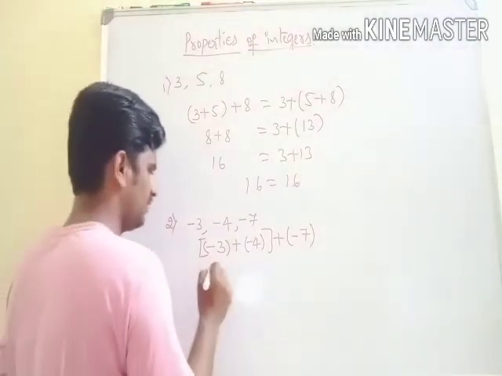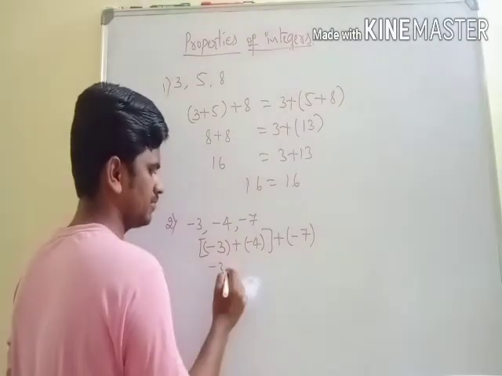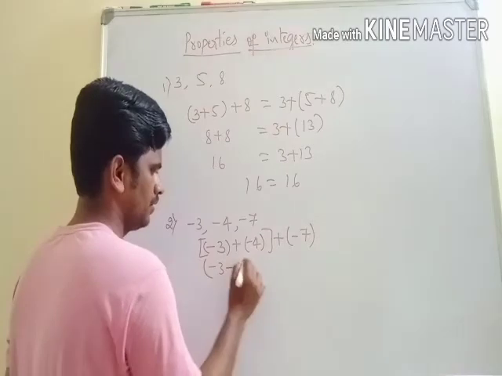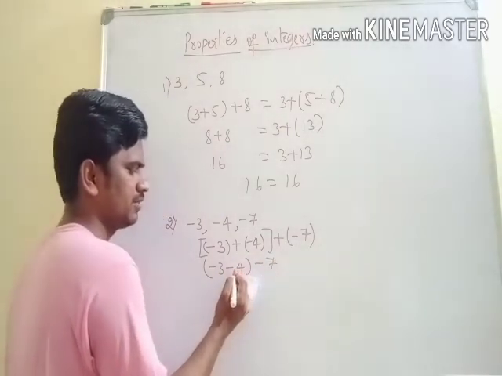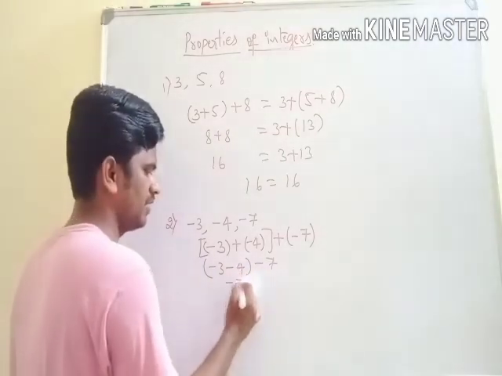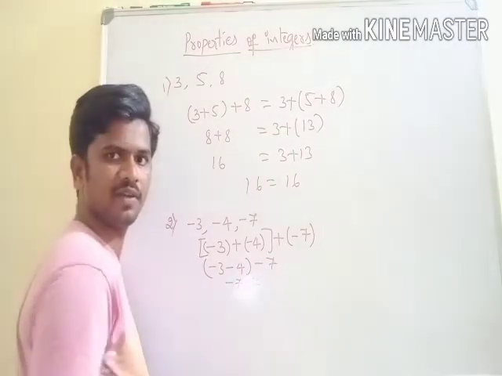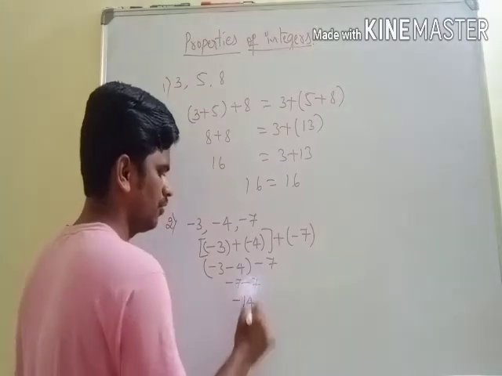So its value is minus 3 plus into minus, minus 4, and plus into minus, minus 7. So its value is minus 3 minus 4 minus 7, and this one is minus 7, so its value is minus 14.